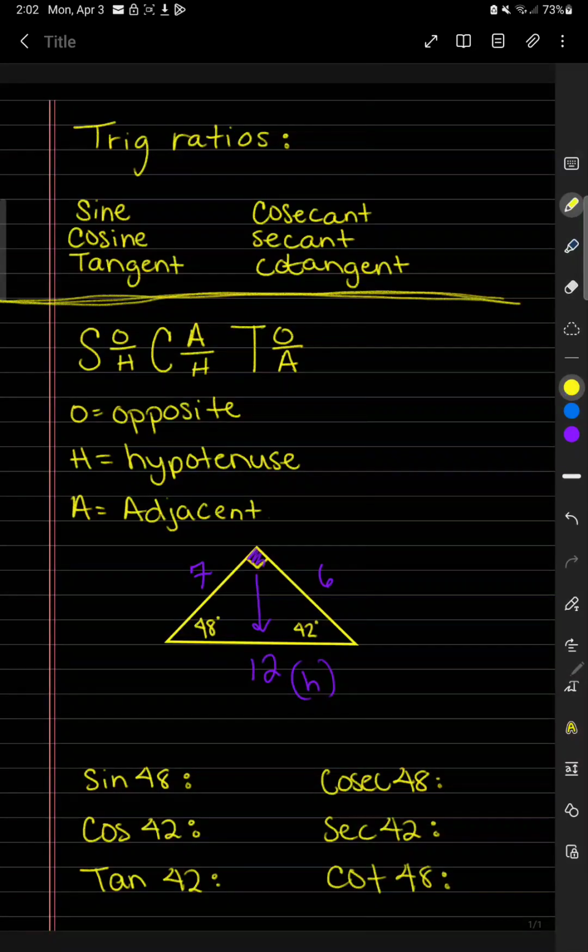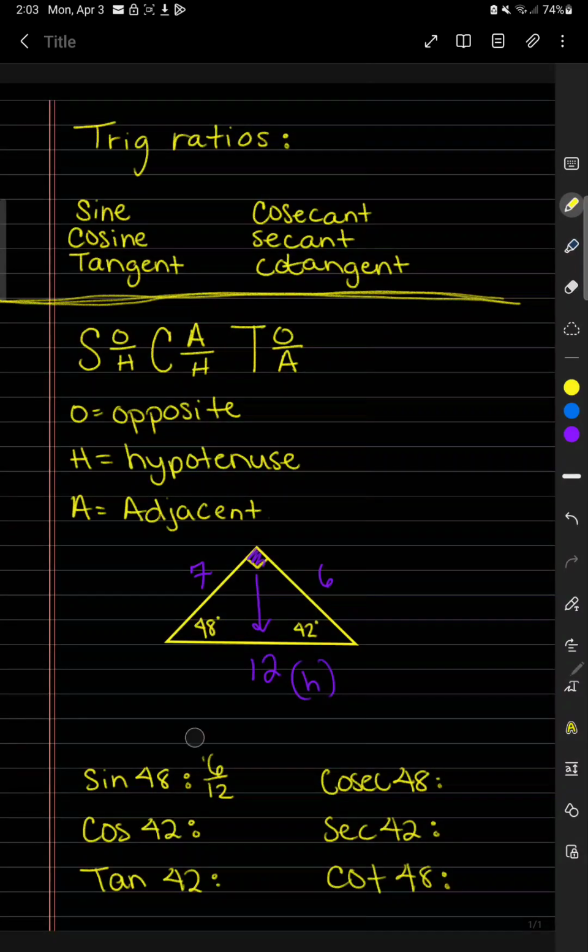So sine of 48. So going back to our ratios, sine is opposite over hypotenuse up here. So we're doing opposite of 48 over the hypotenuse. So I know the hypotenuse is 12. And then the opposite of 48 is 6. So 7 would be my adjacent for 48 in this case, but we're looking for the opposite, so 6. So we're going to take a second here because 6 over 12 can be reduced. We always want to reduce the fractions that are reducible.